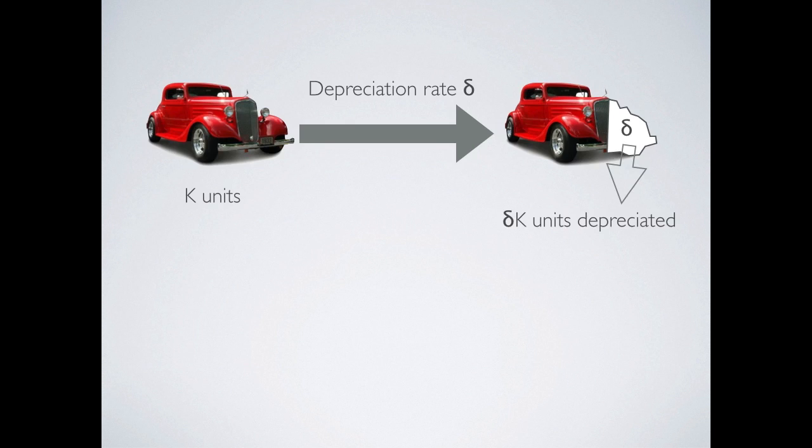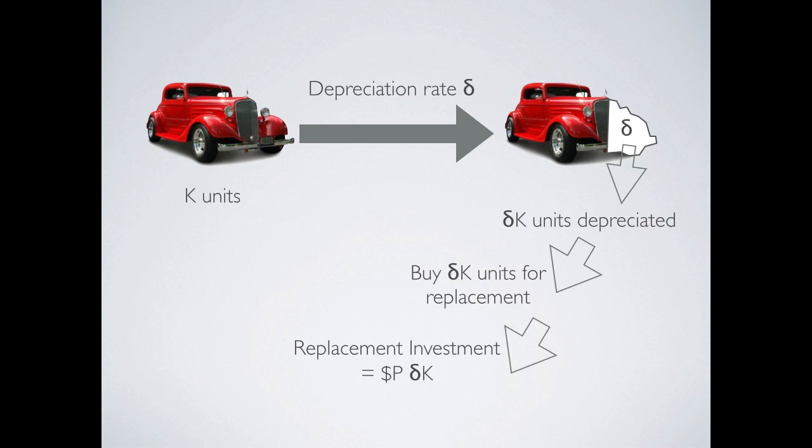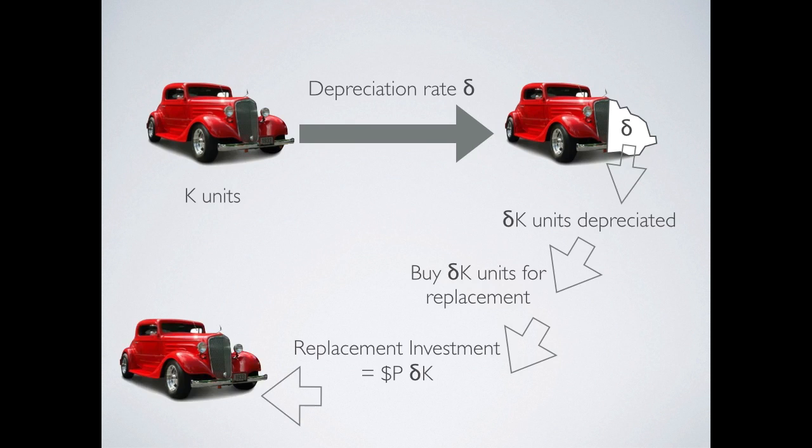And then in order for this K unit to function normally, you have to buy delta K units for replacement. In other words, if each unit costs you P dollars, then you have to put down a replacement investment of delta K times P amount of money for this part of maintenance cost. Therefore, the whole car can function normally again.